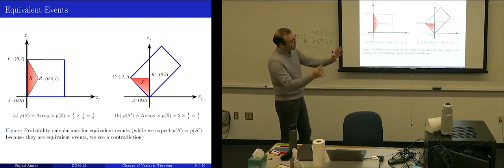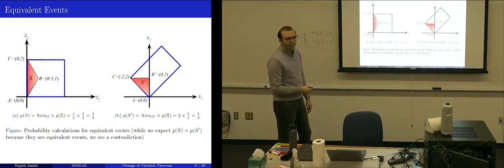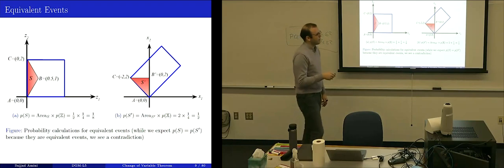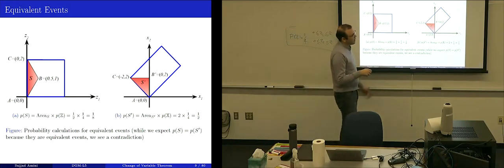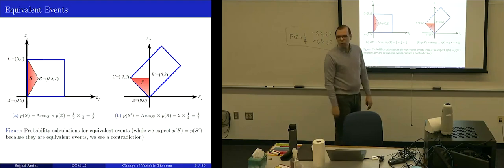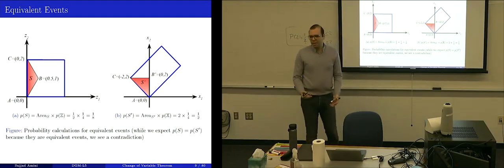So let's transform to the x space. In the x space, we again know that because we have a uniform distribution here, the probability of S prime is equal to the area of S prime, and if I calculate the area of S prime, I get 1 over 2. And this is a contradiction.